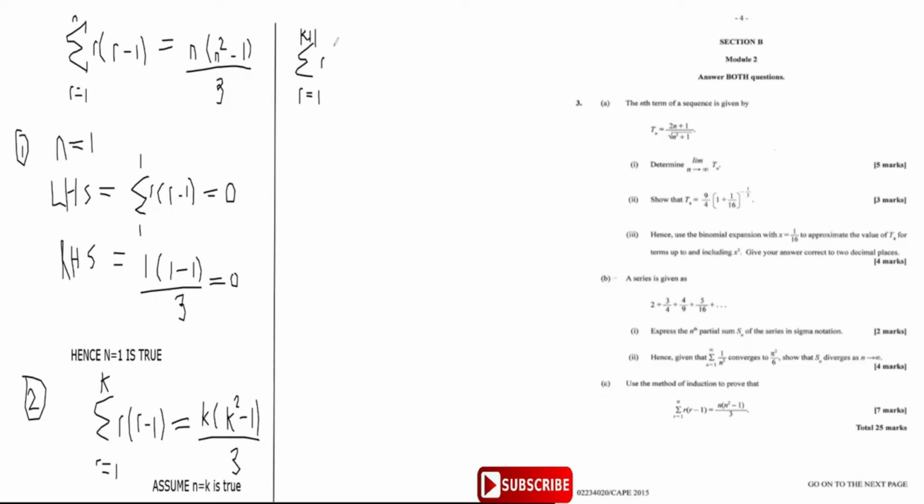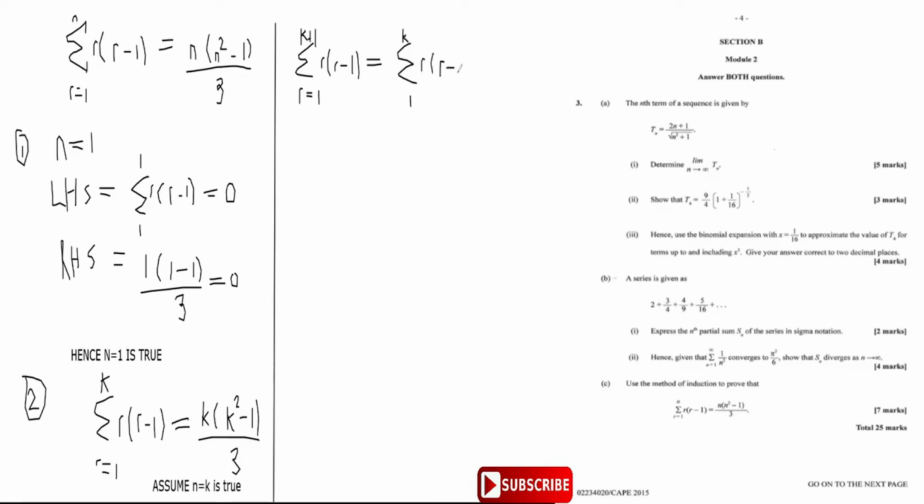This is actually equal to the sum from 1 to k of r into r minus 1 plus the k plus 1 term.